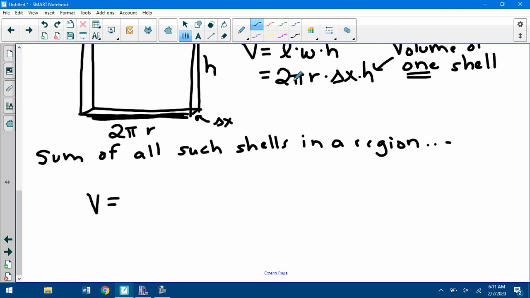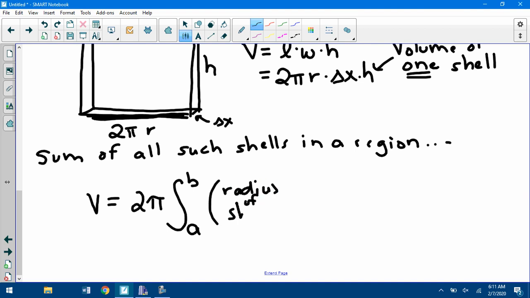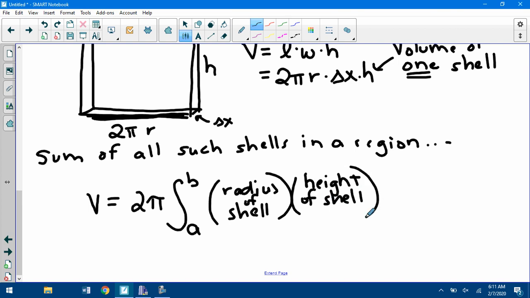Now 2 pi is the constant this time, so that's going to be out front, times the integral from a to b, whatever our bounds are, times the radius of the shell, times the height of the shell, times delta x, or dx.